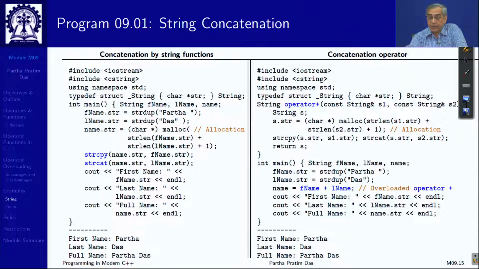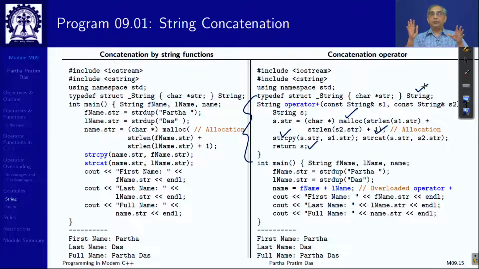So, in the actual terms, you do proper allocation of space for the concatenated string. Using the C function, you do the copy, you do the cat, return S, and this is done for your structure string, which is a character array.